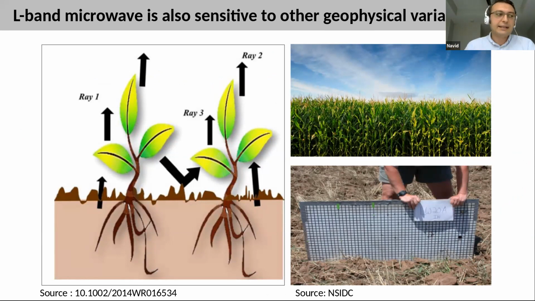So that affects the radiation that goes out from the surface of the soil to the outer atmosphere and hits the sensor. So that's the first issue. This issue is more pronounced in an agricultural region such as Iowa.